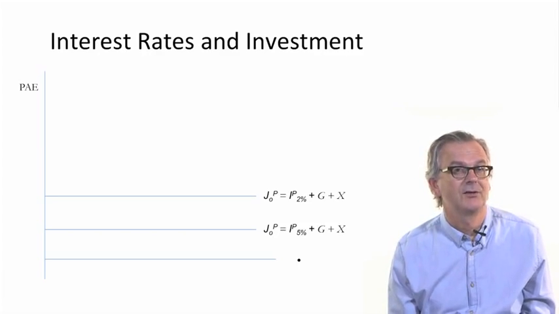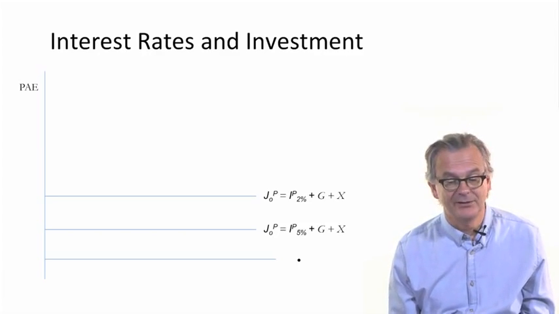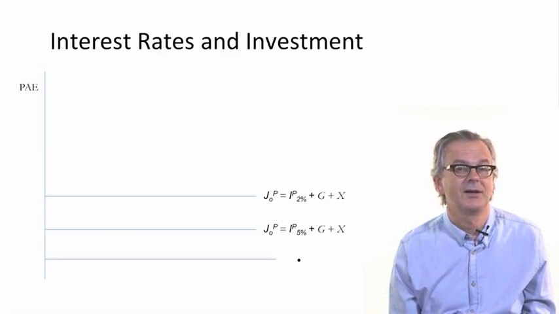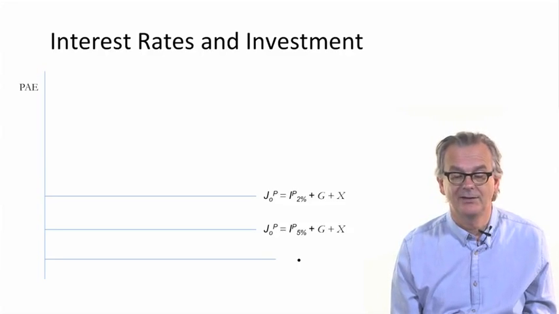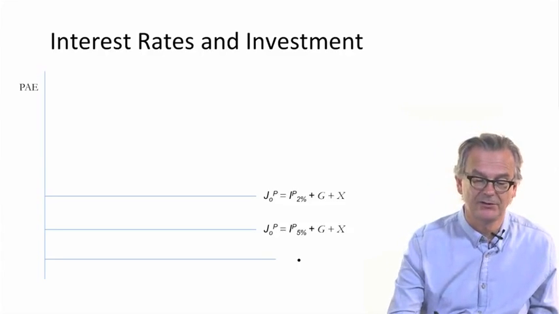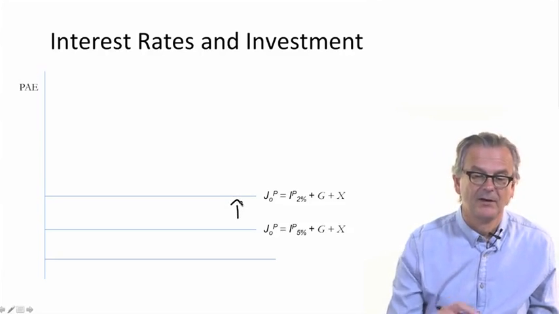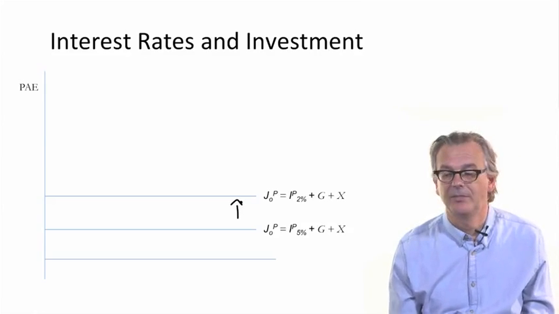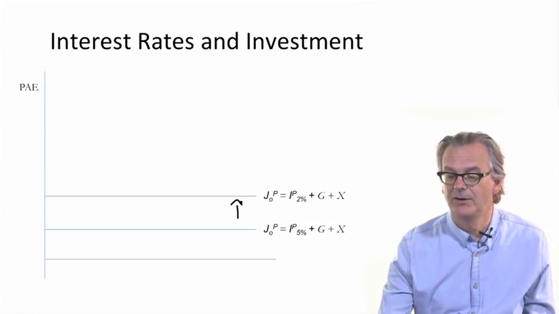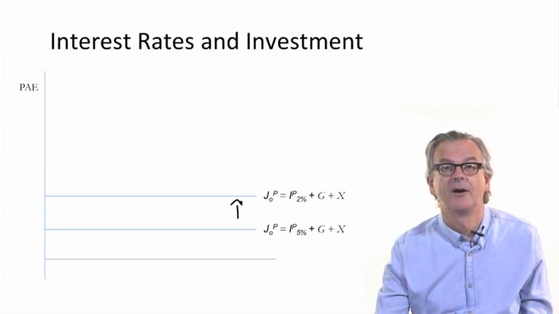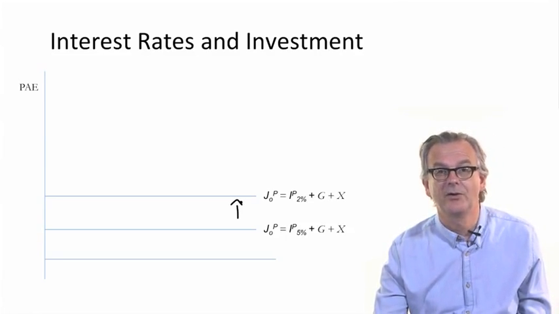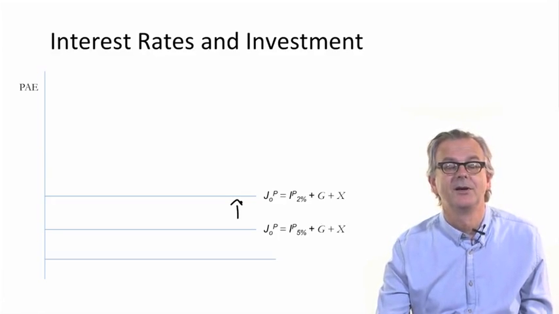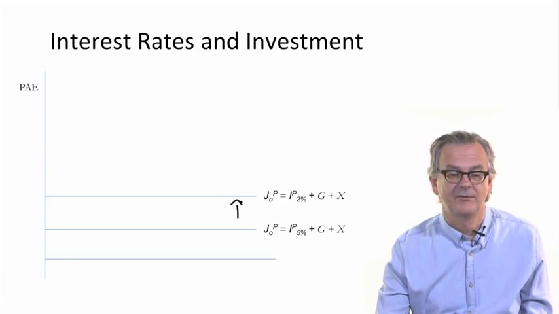It's cheaper to get those borrowed funds that are needed to finance the investment. We might therefore see a systematic increase in planned investment and hence in planned injections. So that's the sense in which monetary policy has a role to play in the basic Keynesian framework. It can impact on interest-sensitive components of planned aggregate expenditure, in particular on planned investment.